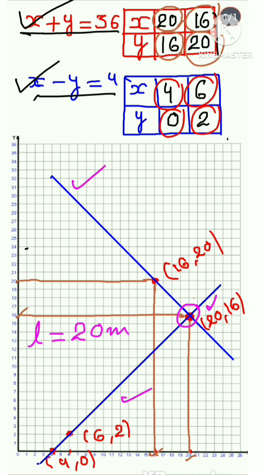Similarly, at this point the y coordinate is 16, which represents the breadth of the garden. So the breadth of the garden is 16 meter. This is our final answer.